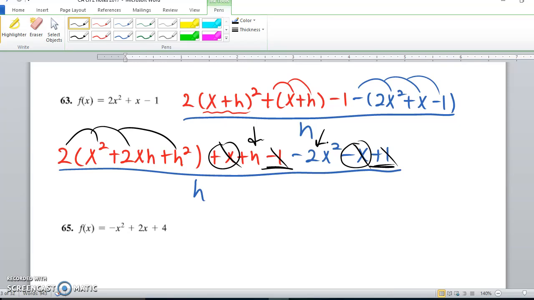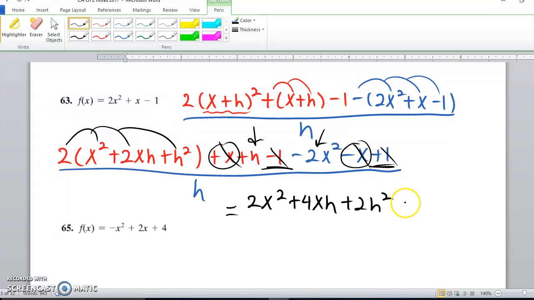So when we distribute, that's going to leave us with 2x squared plus 4xh plus 2h squared.